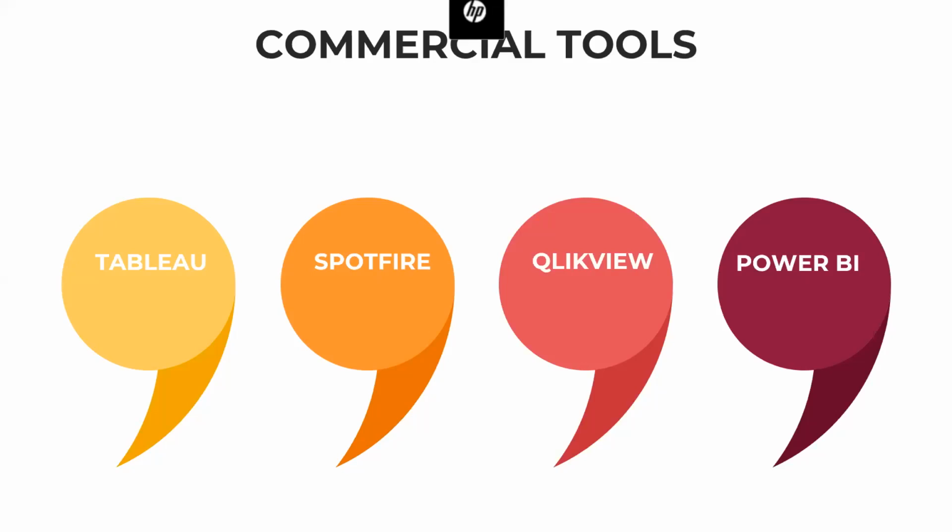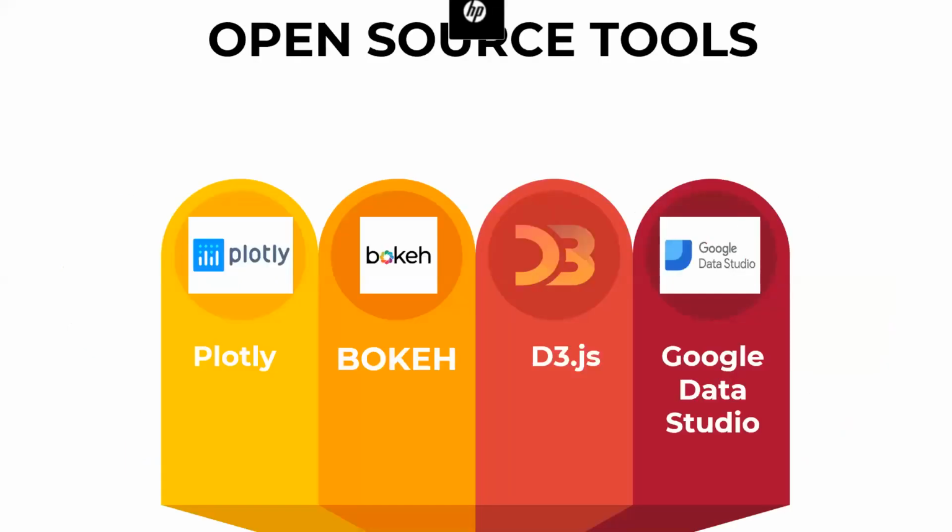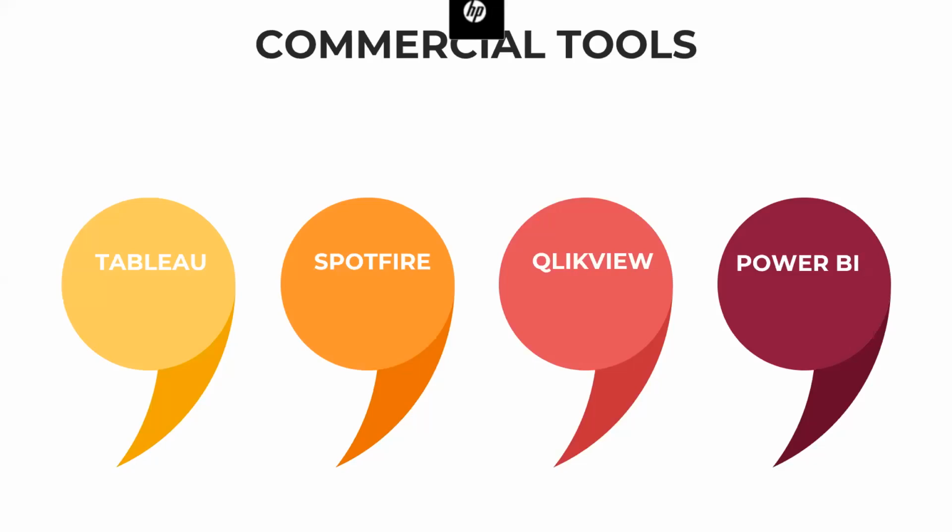So that's how you need to visualize within yourself. You need to make sure that you bring out the best out of the data. And for that, as I said, you have these open source tools and these commercial tools in the market. And with that, I'll pass on the baton to Sahar again.